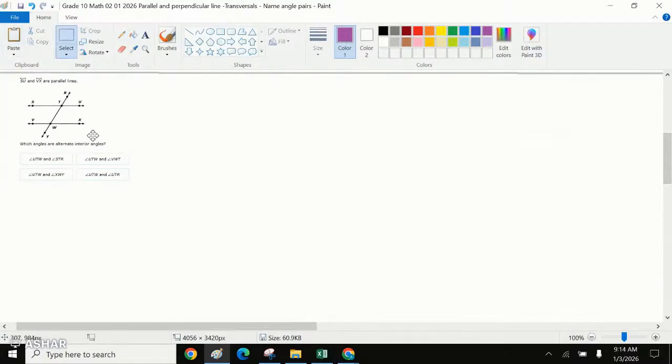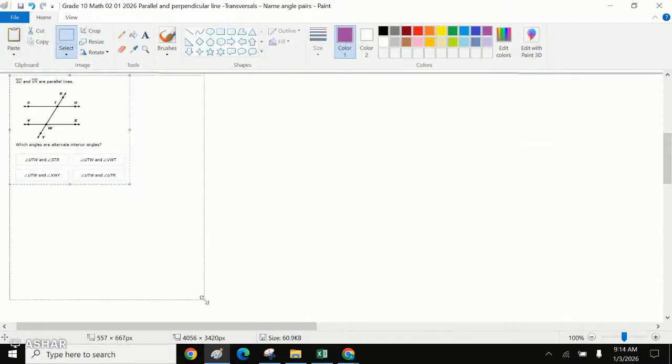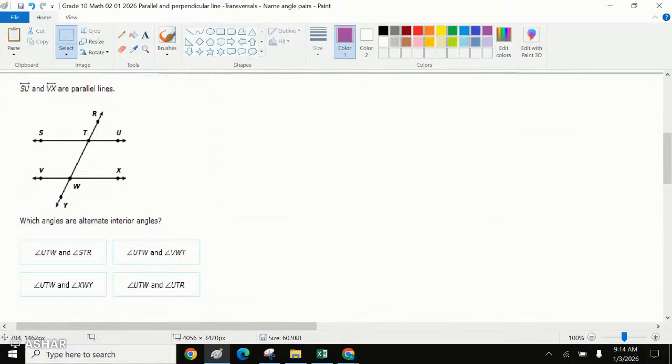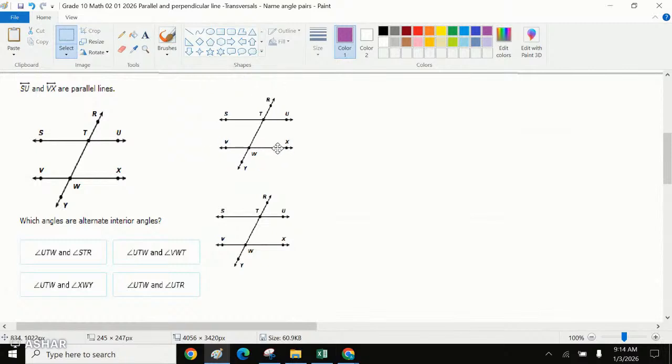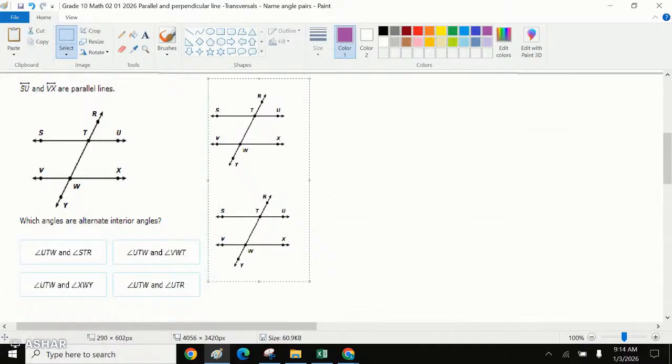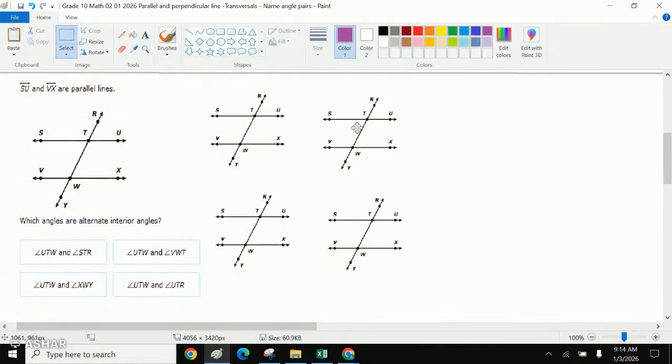Let me make copies of this so that we can do the working separately, not on the original diagram. 2 copies done. And let's make 2 more copies so that we can do all 4 options over here. Okay, so these are the 2 options over here.